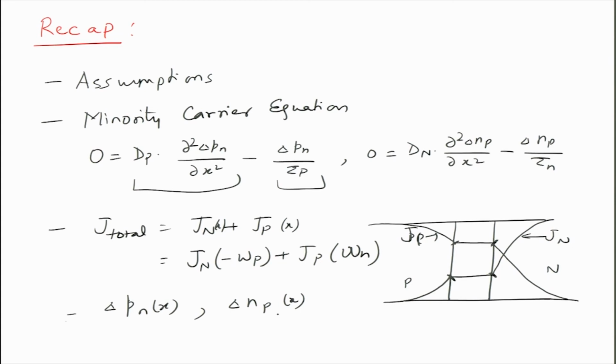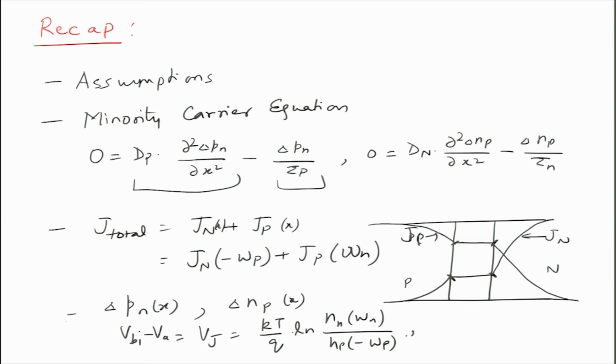Finally, what we did was we calculated the junction potential. The junction potential Vj times q is equal to Vbi in equilibrium, and in non-equilibrium condition it will be equal to Vbi minus Va. This is equal to kT ln of Nn at Wn, which is the majority carrier concentration, divided by Np at minus Wp.